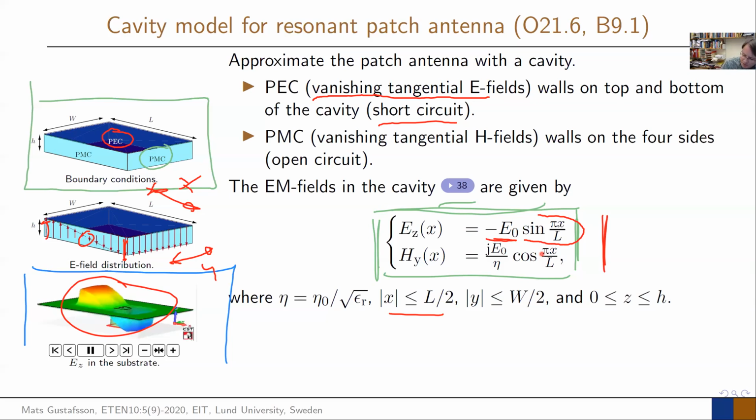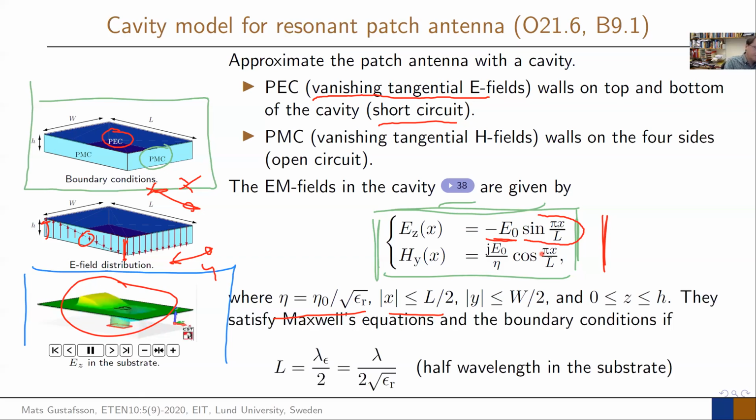And the relationship with this one is then related to the impedance of the material that we have. So the dielectric constant that comes in there. And for this to really be a solution, there is one more requirement. And that is that there is a relationship between the wavelengths that we have and the length.